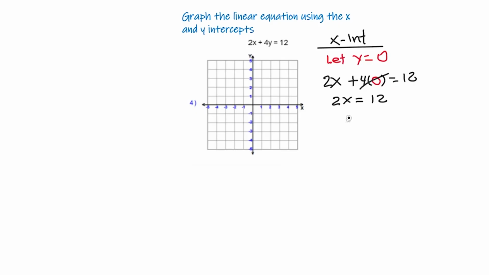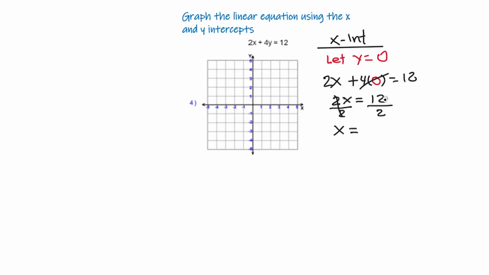The next step, 2 is multiplying x. So what I have to do is the opposite, which is divide by 2 to get rid of it. So divide by 2. And 2 divided by 2, we get 1. 1 times x, that's how we get x equals.